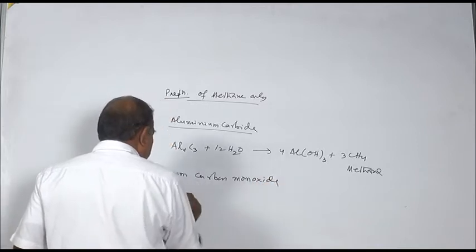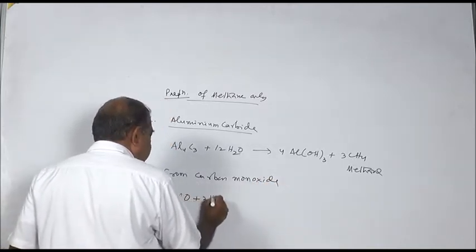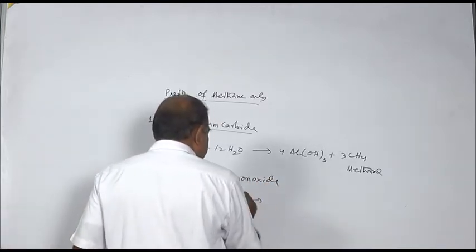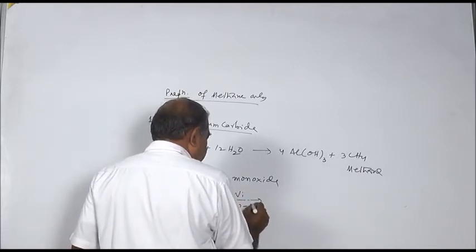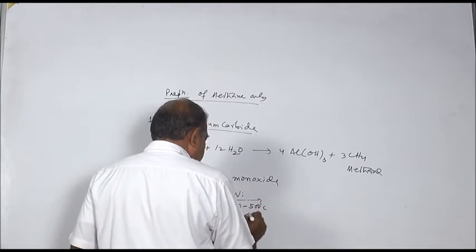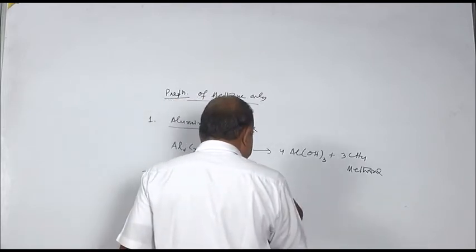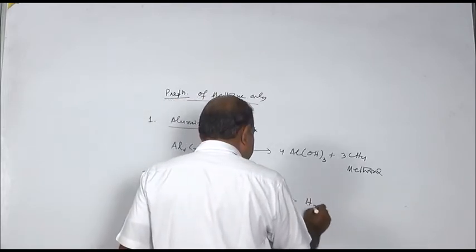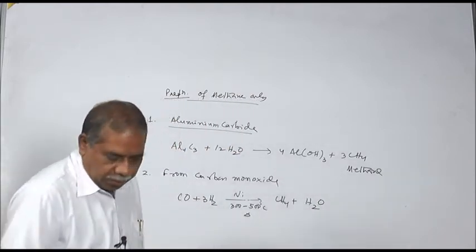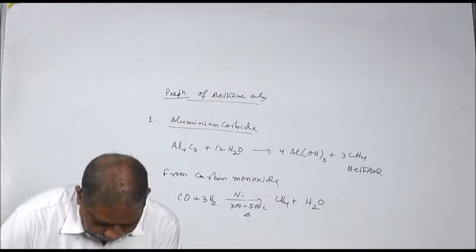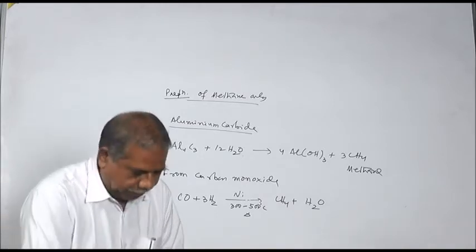When carbon monoxide is treated with hydrogen in the presence of a nickel catalyst between 300 to 500 degrees centigrade, you get methane plus water. So these are the two other methods for the preparation of methane only.